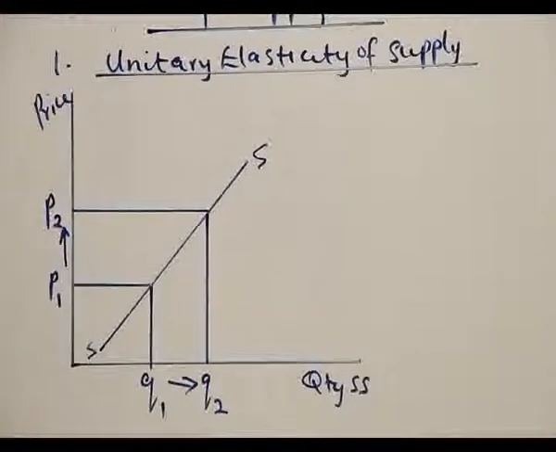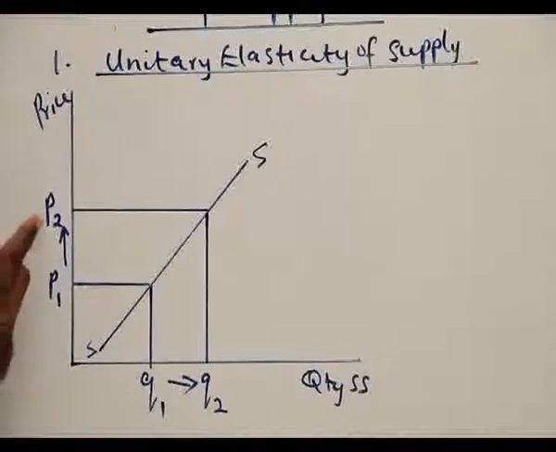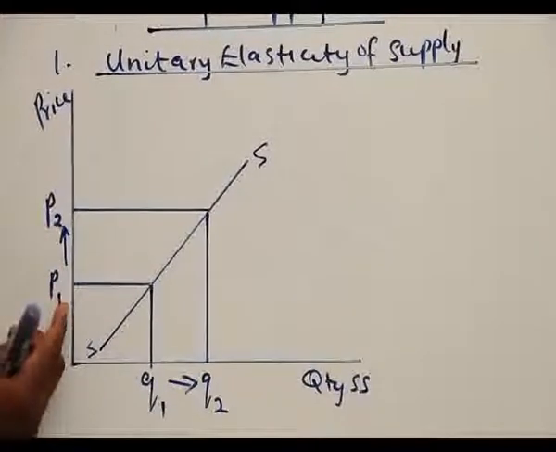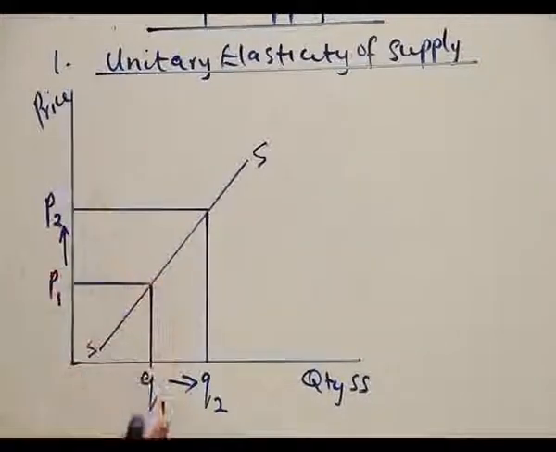If it's going to be unitary, it implies that the change in price from P1 to P2 in terms of percentage is going to be the same as the change in quantity supply from Q1 to Q2 in terms of percentage.